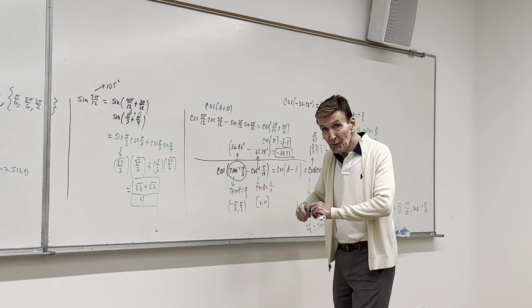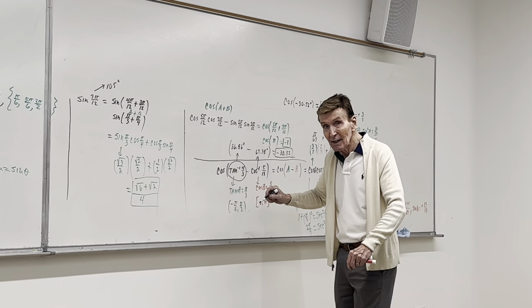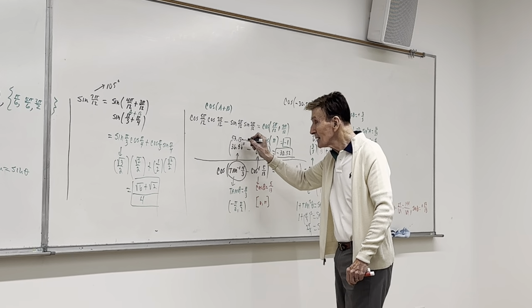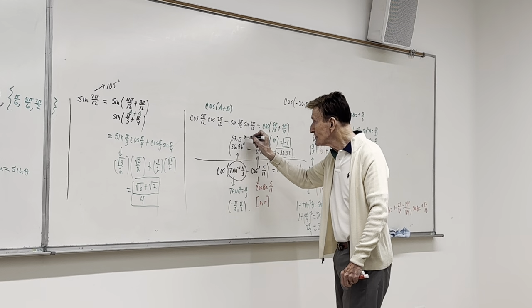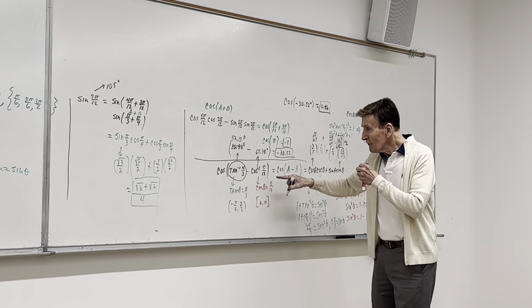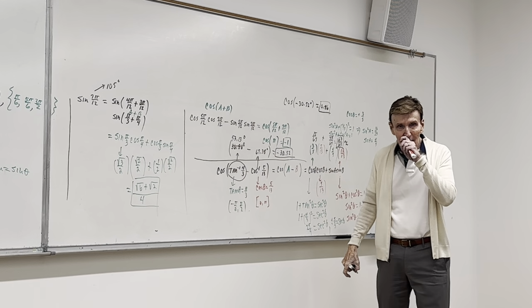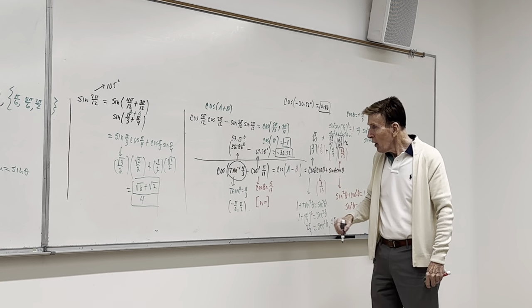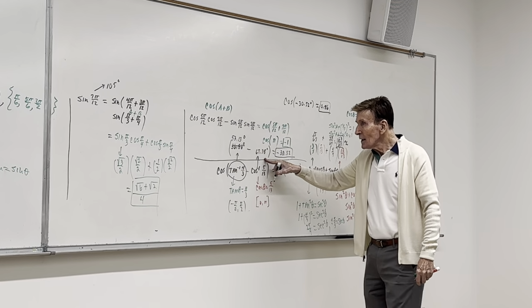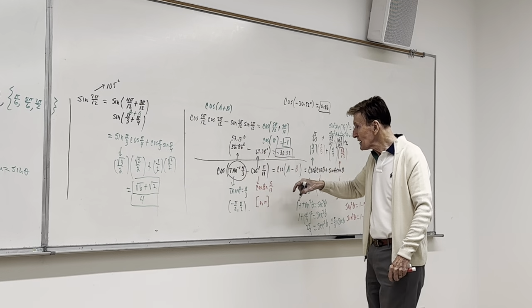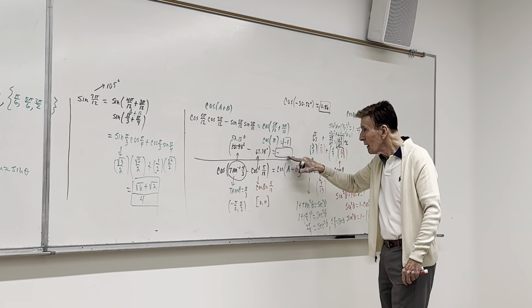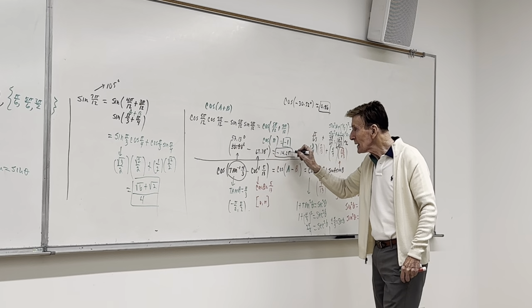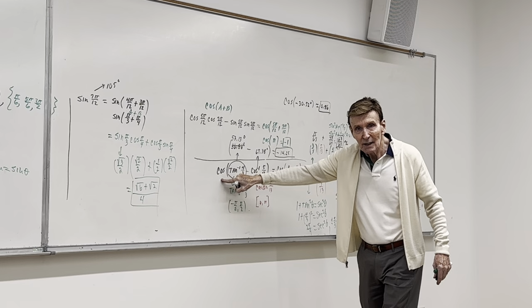It's 53.13. Susan, find the inverse cosine 5/13 for me. 67.38. Now, when you subtract these two, find that difference for me. Negative 14.25.